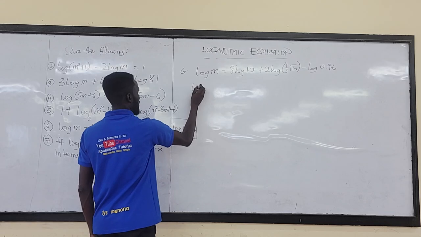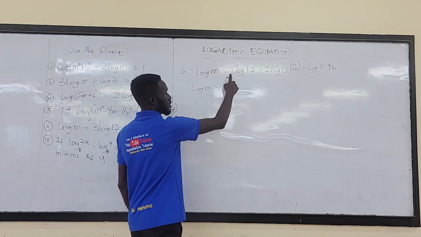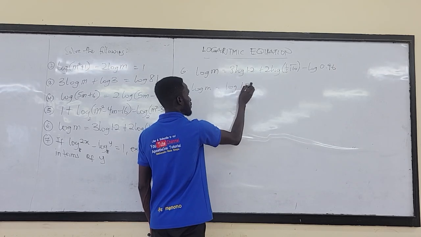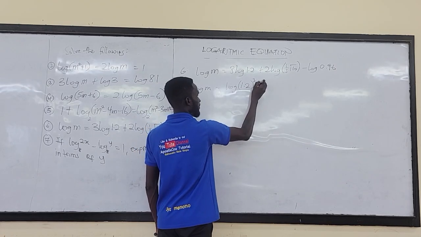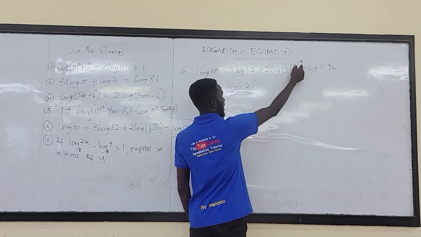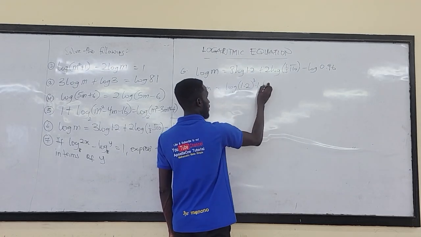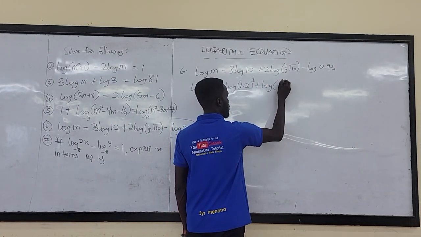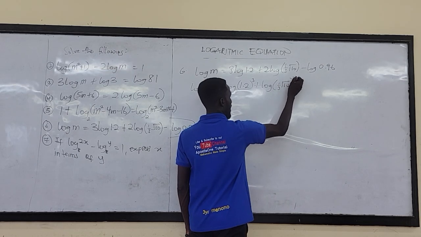Now we have log m. I need to bring the 3 as the exponent of 1.2, so we have log 1.2 all exponent 3. Now this 2 will become an exponent of this one here, so we have log of 1 over 3 square root of 10, all squared.